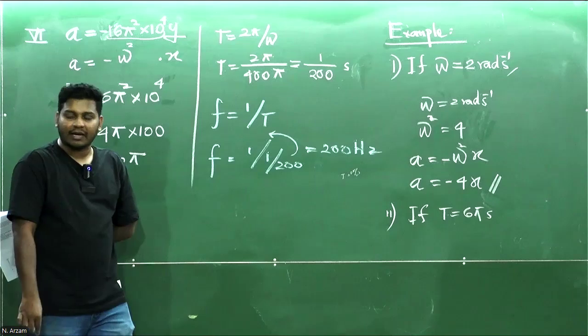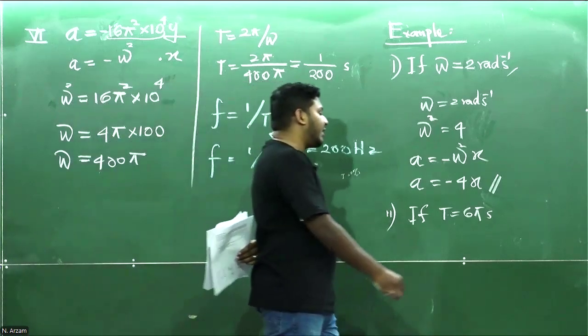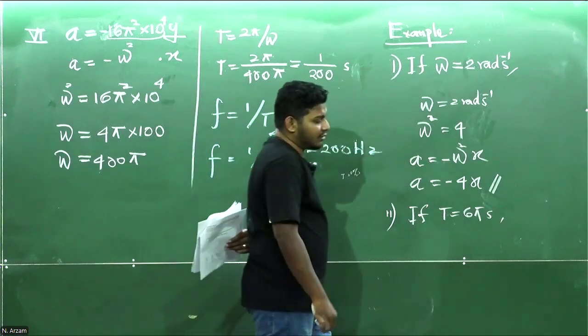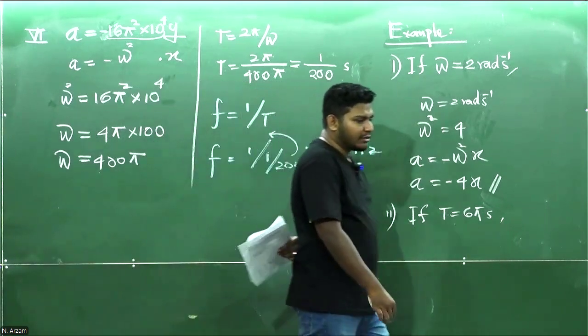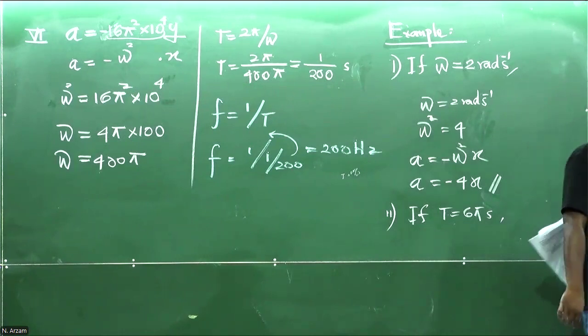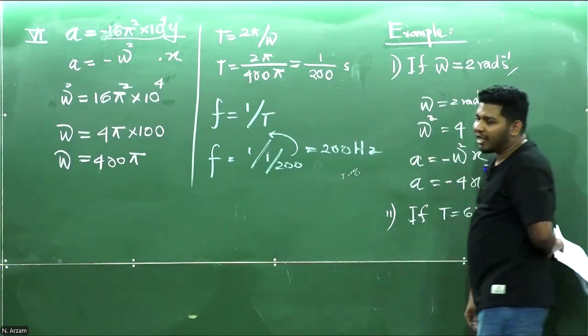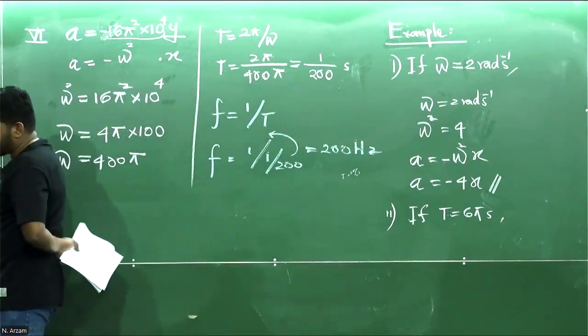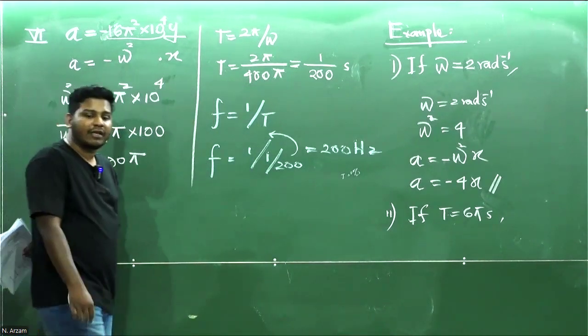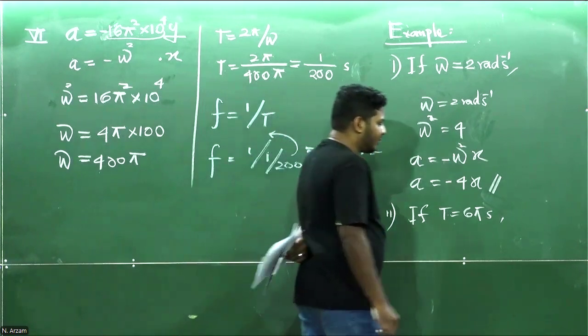Periodic time, okay? If T is equal to 6π seconds, find the omega and derive the SHM equation.